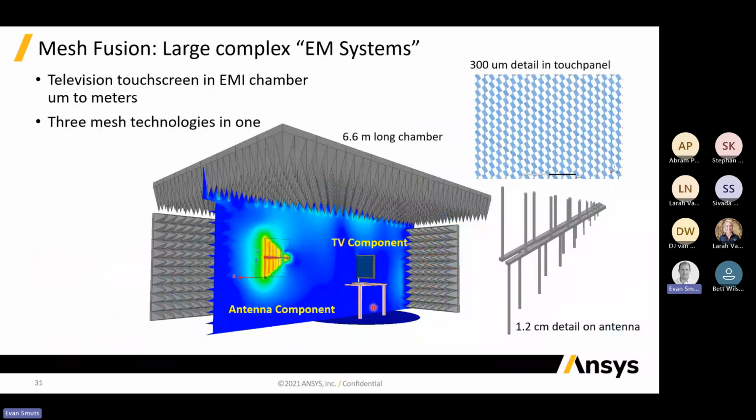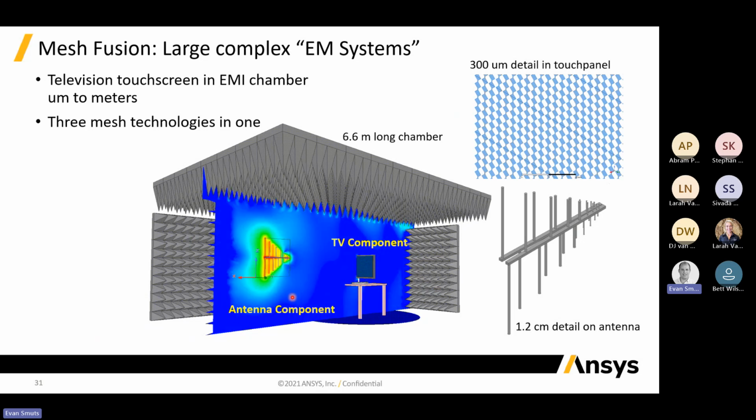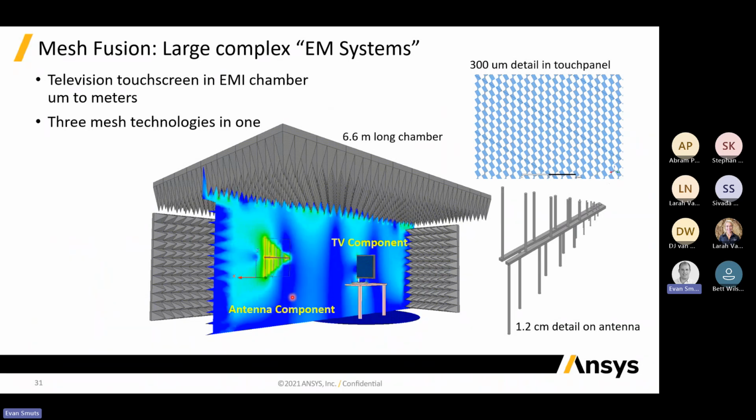For example, here this could be some sort of device under test process where we've got our main antenna. This can be meshed with its own technology, so a more typical 3D FEA mesh there. And then we might even have flat planar components.